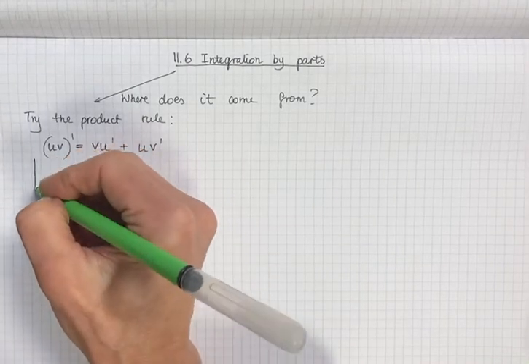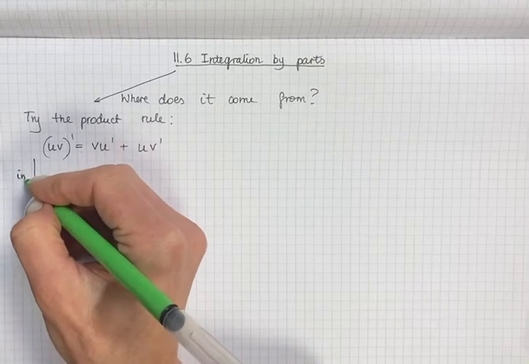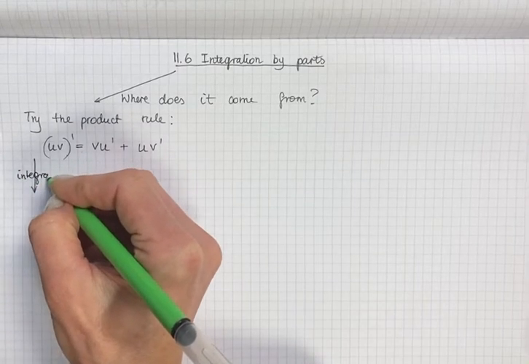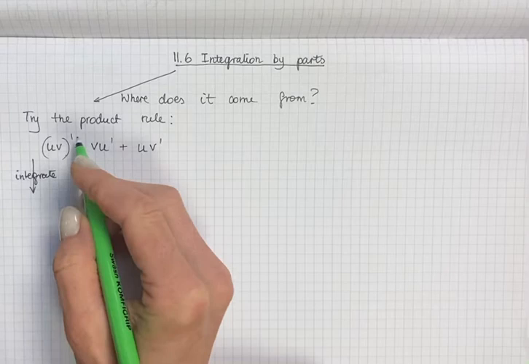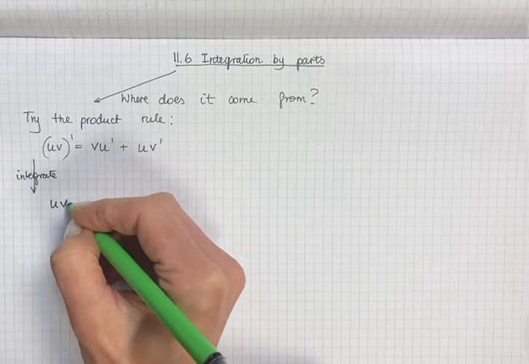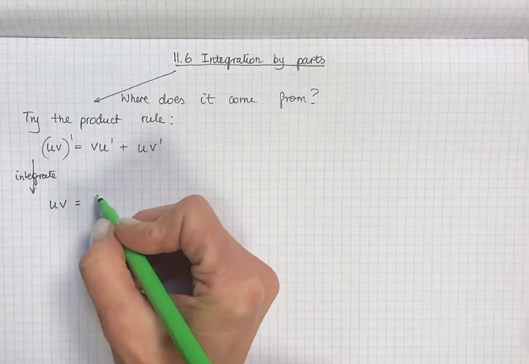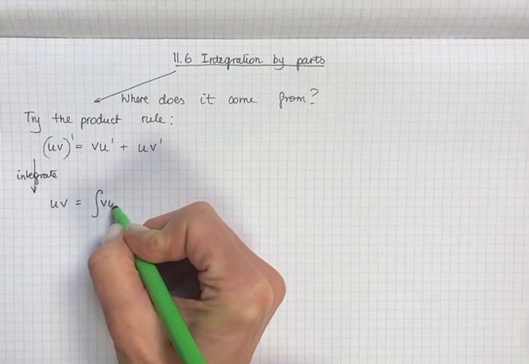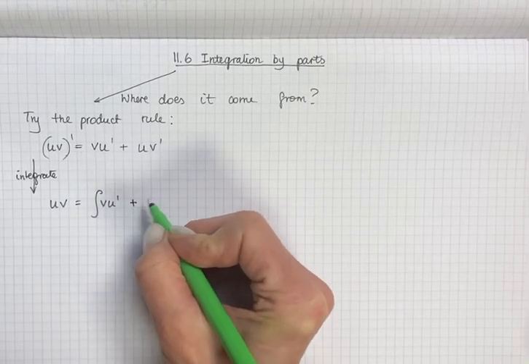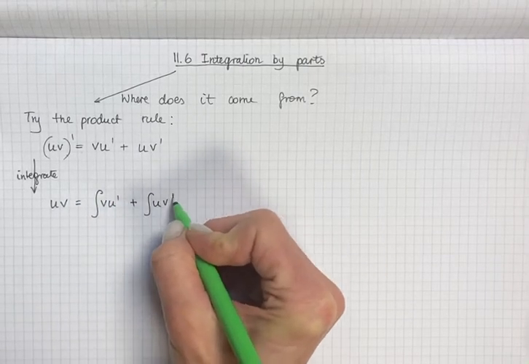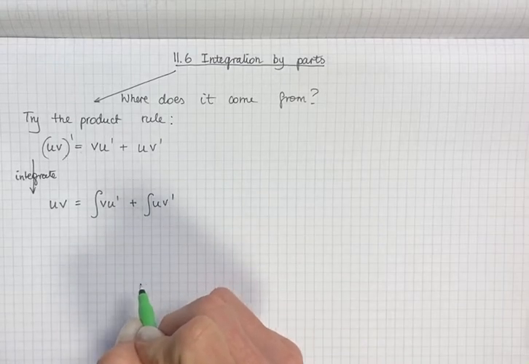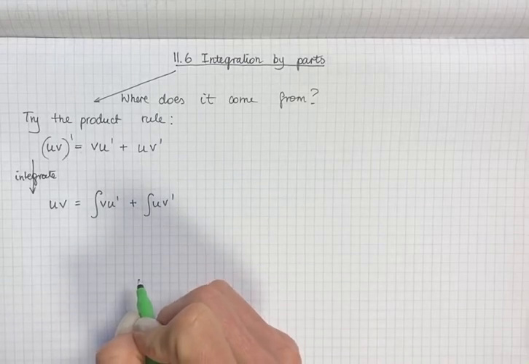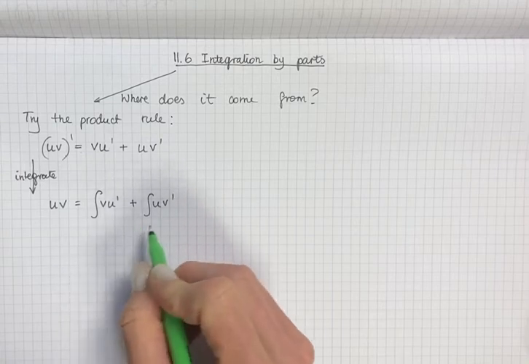So we are going to integrate it. If you integrate (uv)', you'll come back to uv. Now over here, we just need to integrate vu' and then integrate uv'. There you go. And what we are going to do right now, we are going to rearrange it.